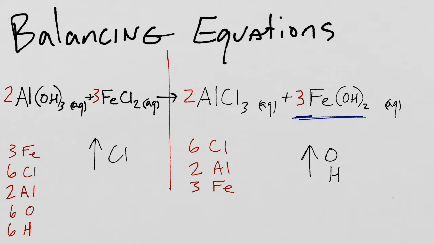So that's going to give us, again, 6 oxygens and 6 hydrogens. So this equation is balanced when we put a 2 in front of the aluminum hydroxide, a 3 in front of the iron 2 chloride. It's easy to get tongue-tied when you're trying to say all this stuff. A 2 in front of the aluminum chloride, and finally a 3 in front of the iron 2 hydroxide.